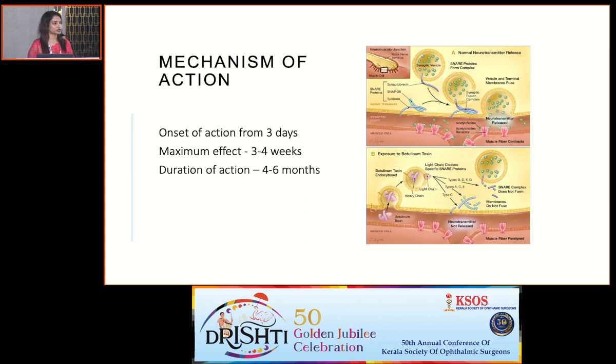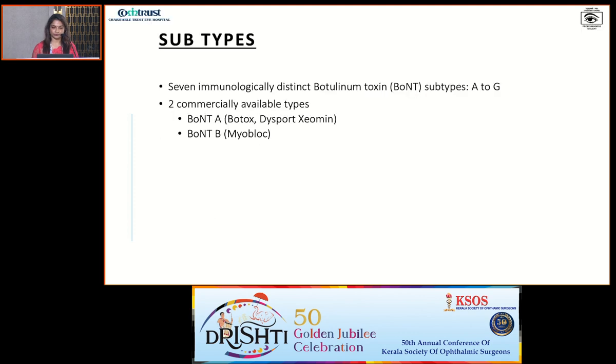The onset of action begins from 3 days, and it peaks at 3 to 4 weeks, and the duration of action is usually 4 to 6 months, which means you need to give repeated injections.